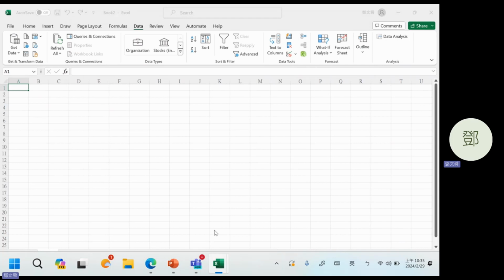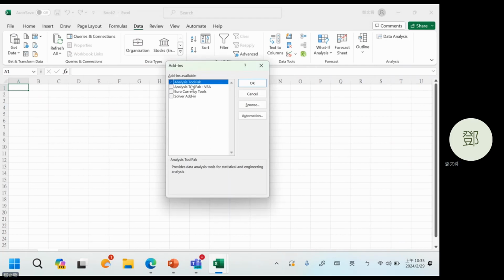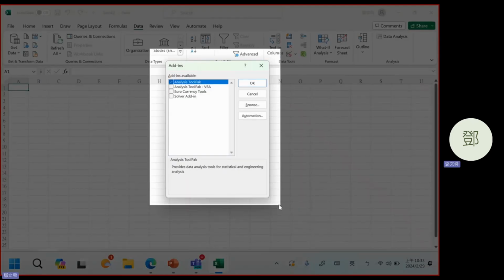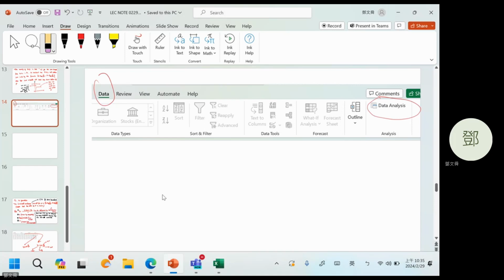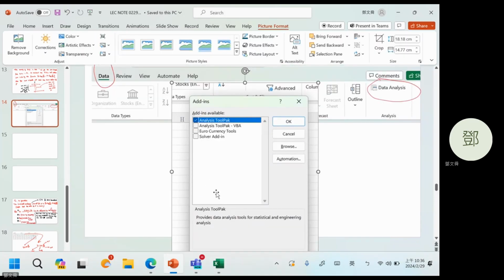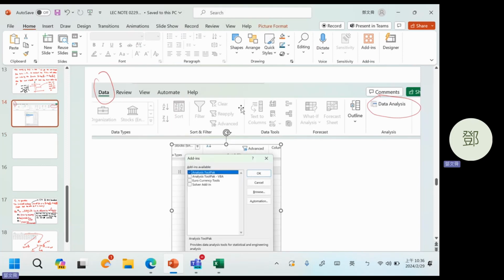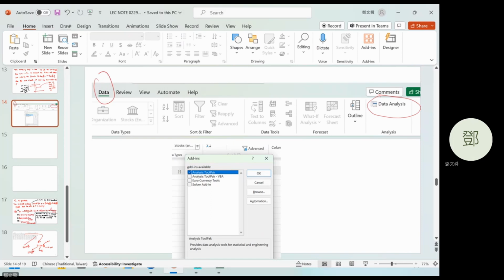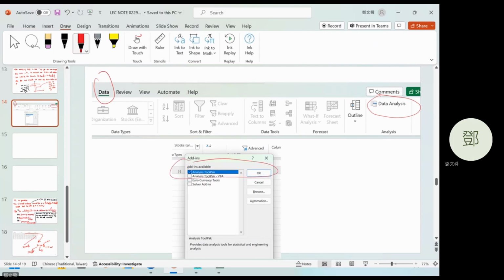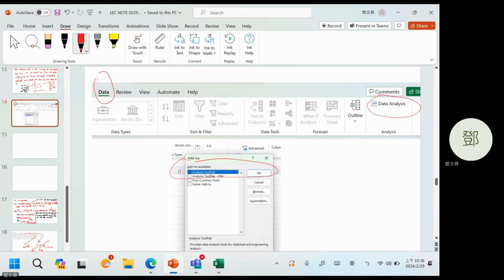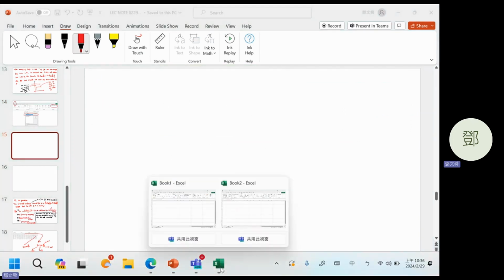Excel Add-ins, and Go. Choose Analysis ToolPak. All right, so now we can use it.